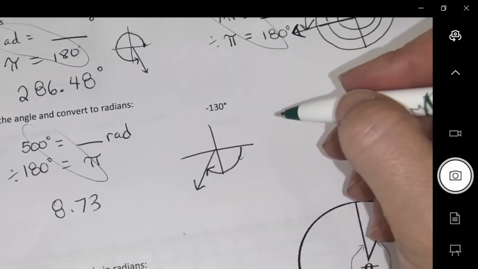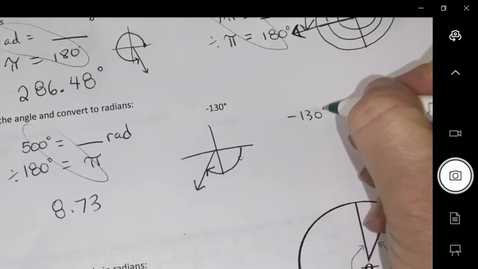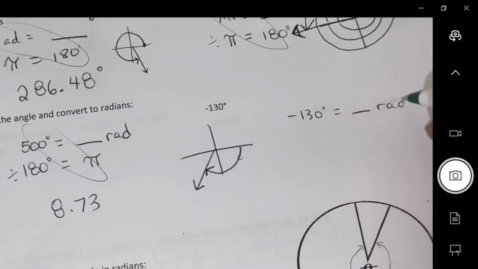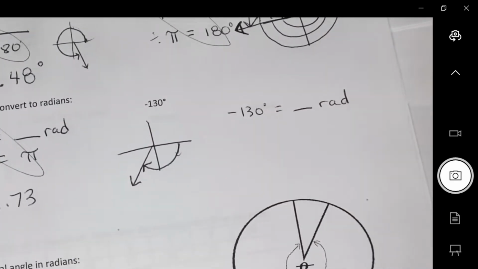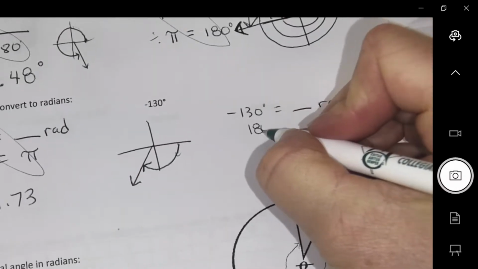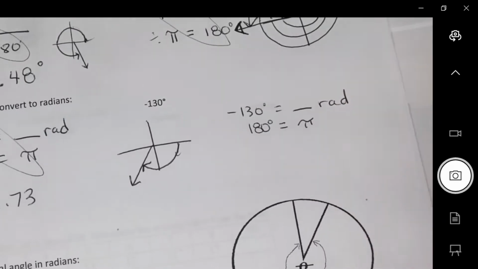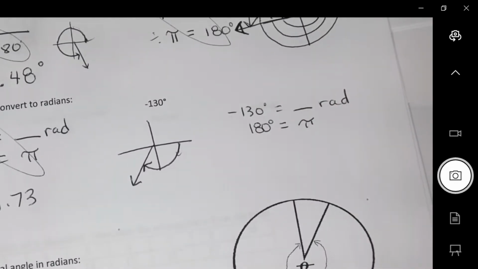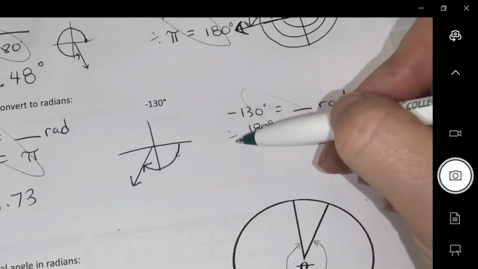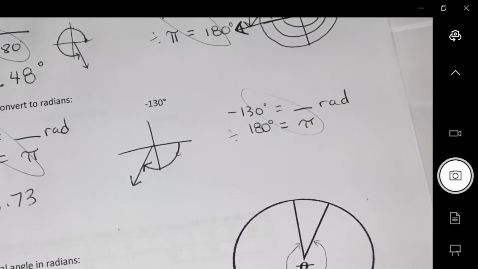Okay, negative 130 degrees equals how many radians? So convert. So 180 degrees would be 1 pi radian, and you'll put a negative on that.